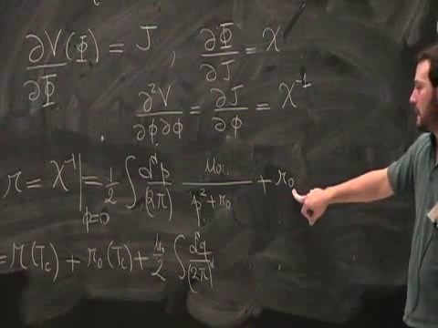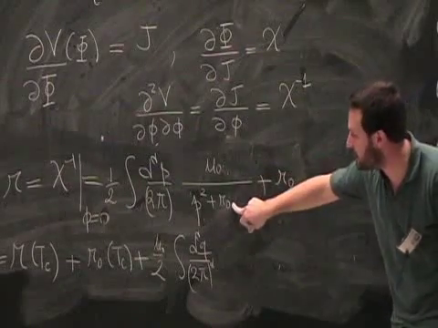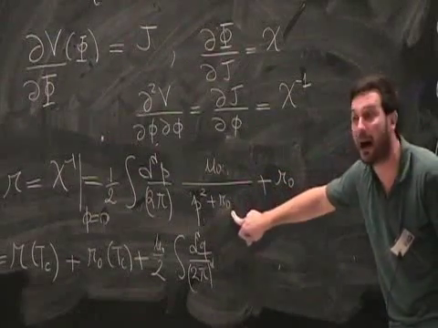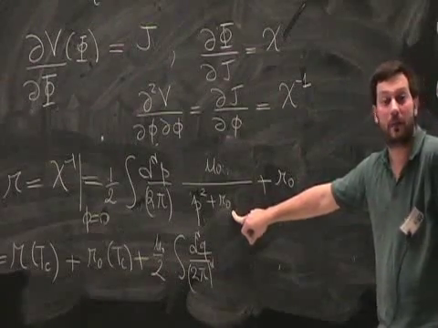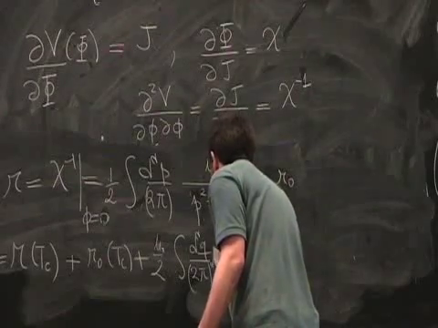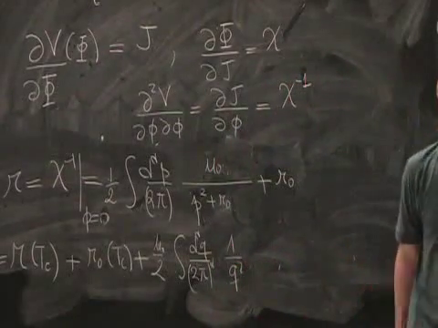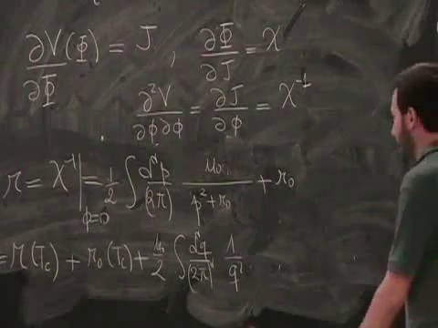You see? And this is already a correction. So in this term, I can replace R0 by R. So at TC, it's 0. Okay? So here I have 1 over p squared.